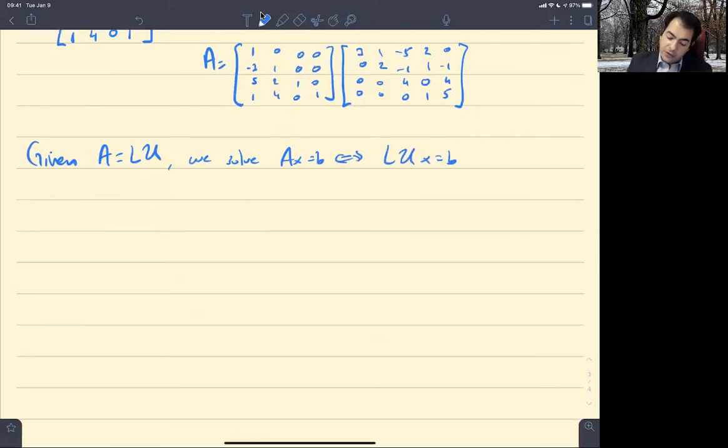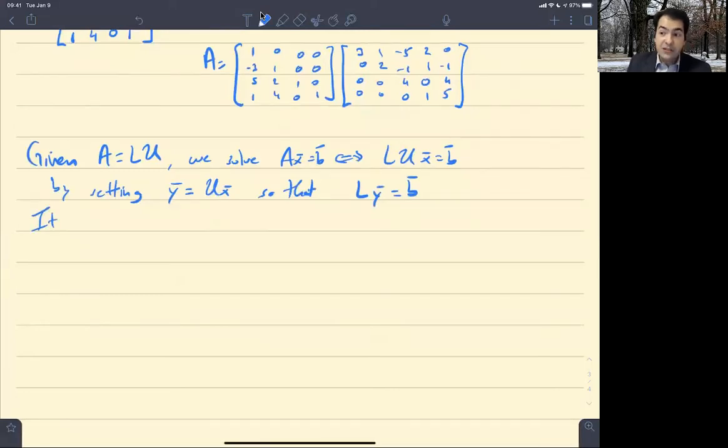So we solve this by setting Y equal to U times X, so that L times Y is equal to B. Vectors. And the point is that triangular systems are easy.